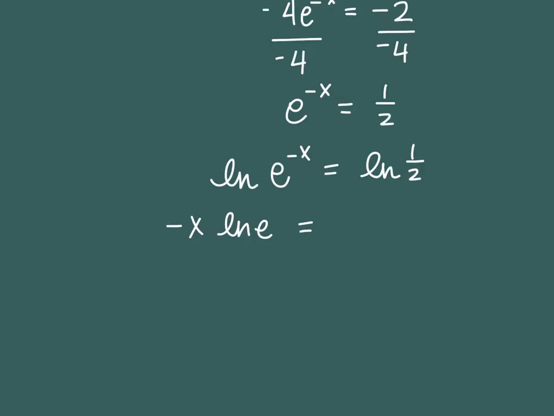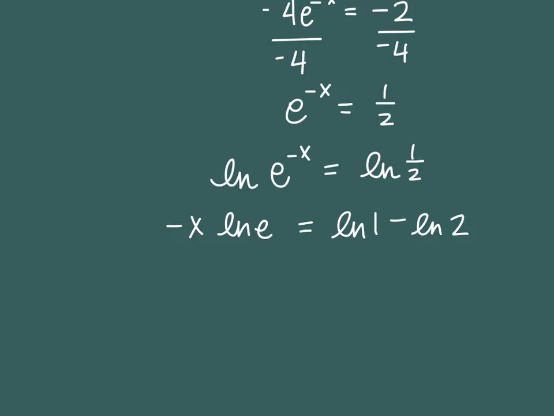What property do I use on the other side? Who knows? You just took an open quiz on it today. Okay, we got to try and remember. Nice, Marcus. ln1 minus ln2.